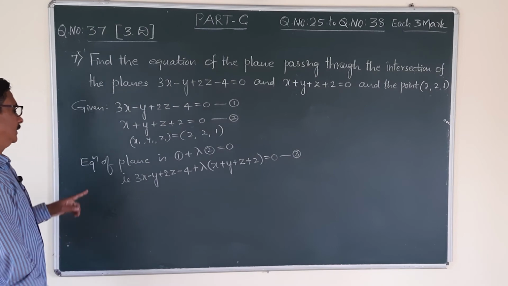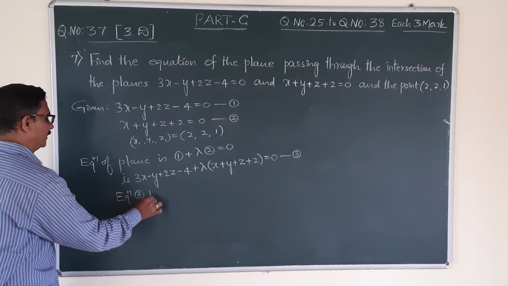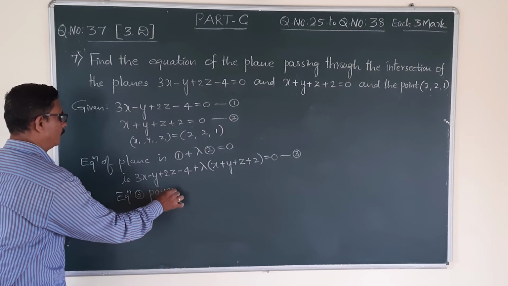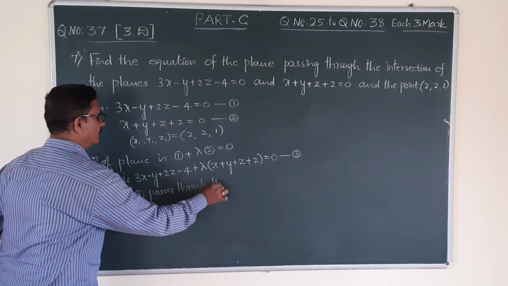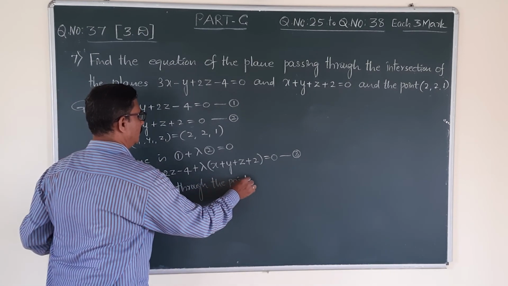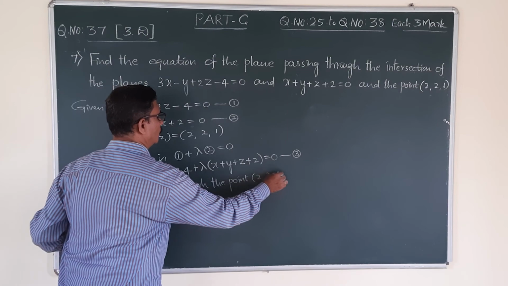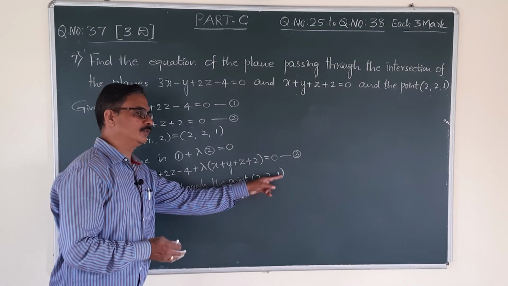Now as this plane, that is equation 3, passes through the point 2 comma 2 comma 1, means put x equal to 2, y is 2, z is 1.